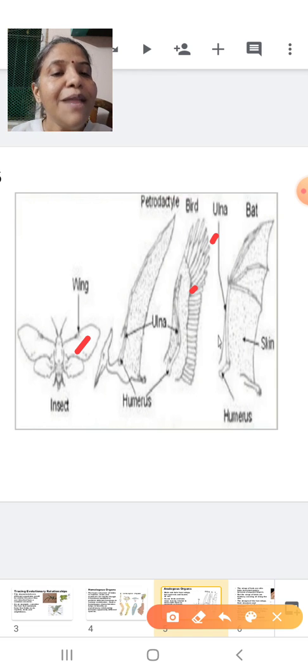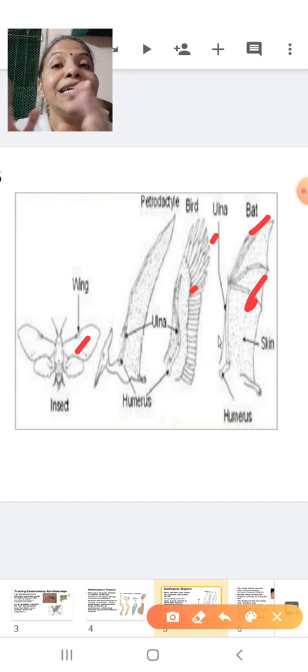At the same time, if you have ever seen the wing-like structure called patagium in case of a bat, let me tell you, it is not a wing but an extension of skin. So in case of insects, the wings are made up of chitin.